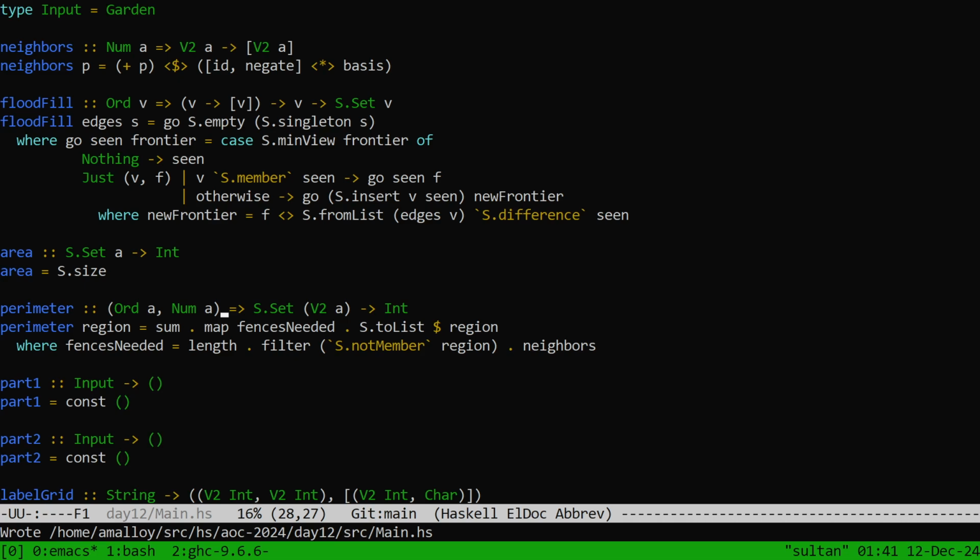So we have a way to find the area and perimeter of a region. We have a way to label, to find one region. Now we just need to write a function that finds all the regions and then calls area and perimeter on all of them.